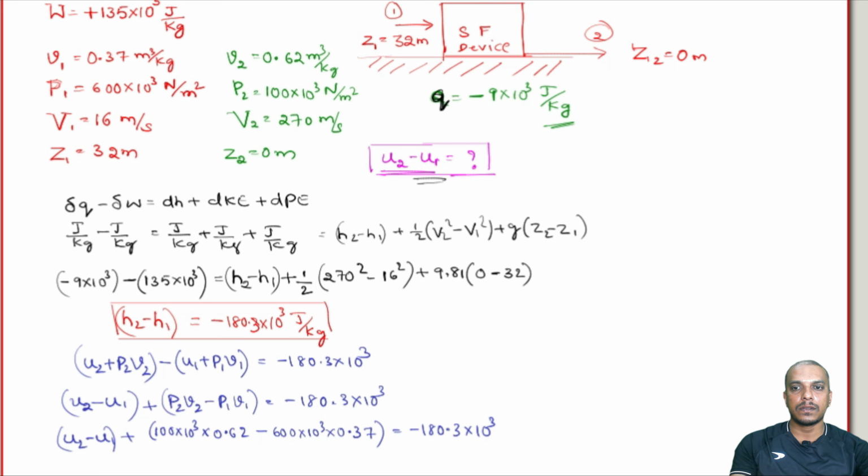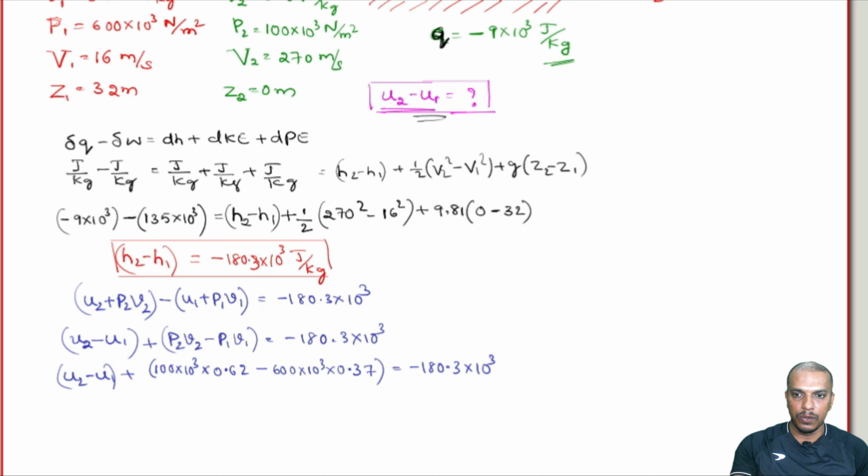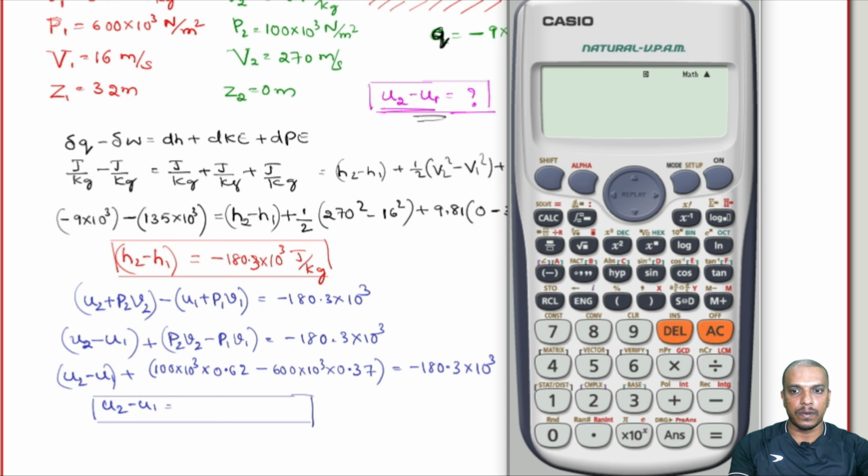Now, let us find out this value U2 minus U1. I will consider this U2 minus U1 as the unknown and substitute it as X in our calculator. Let us see what we will get.